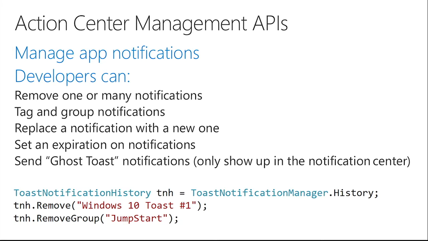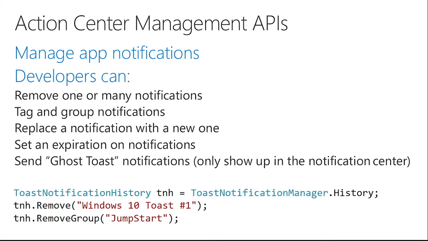You can remove one or many, you can tag them, group them together, you can replace one that's in that list if the information on it needs updating. You can set an expiration yourself on notifications programmatically. And you can send ghost toast notifications.